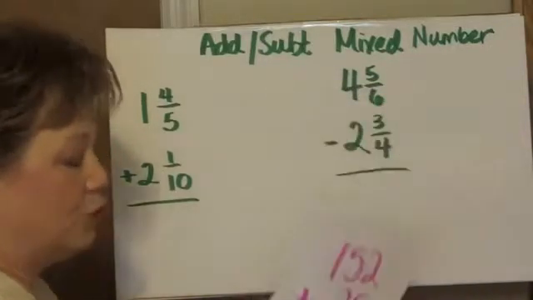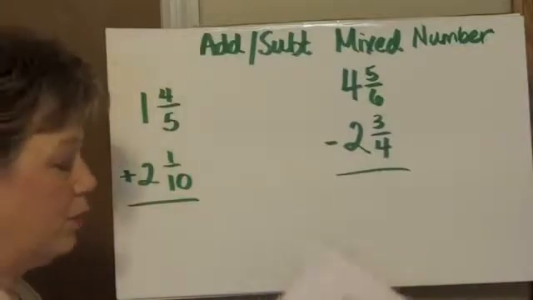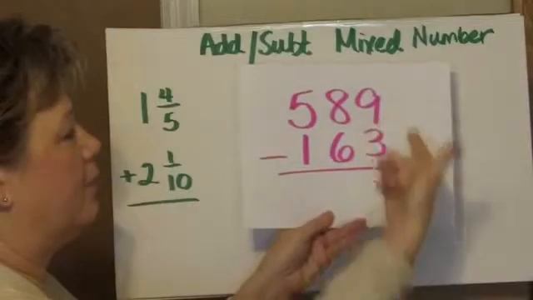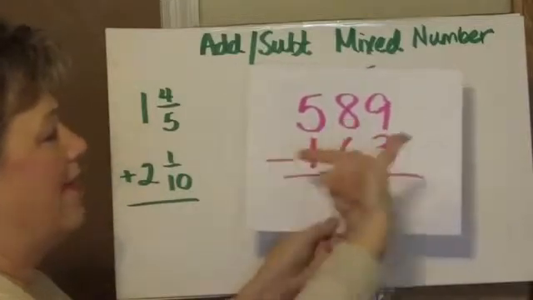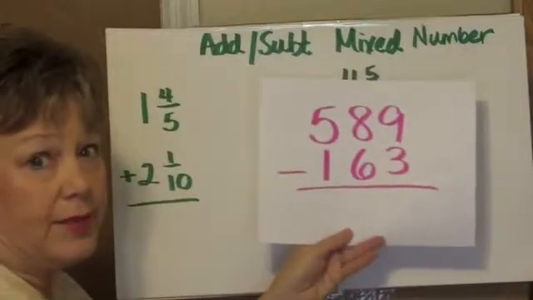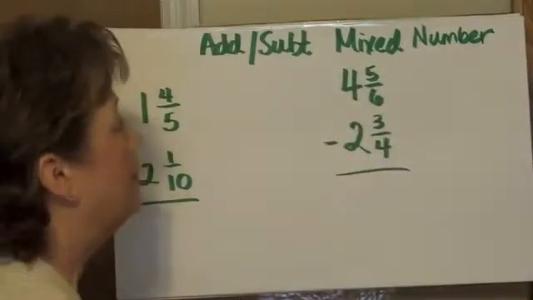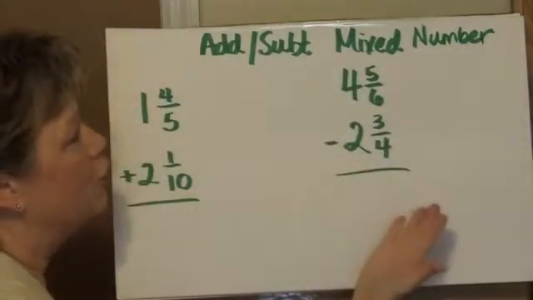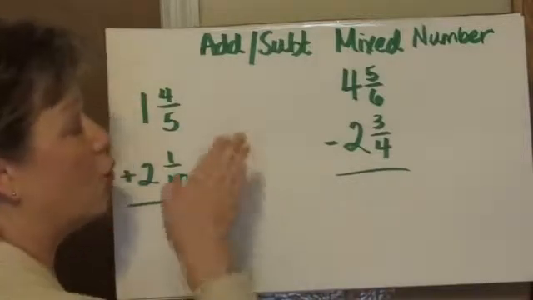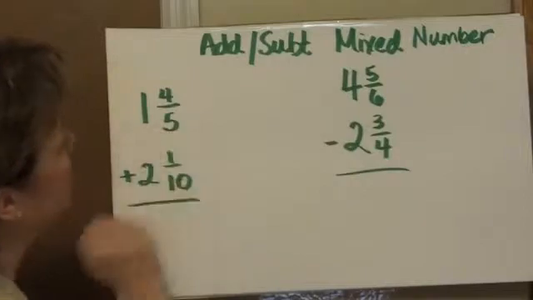And the same thing is true when we subtract. We start way over here on the right-hand side, we subtract, and then we work that way. Kind of the opposite of the way we read. That's very important because the same thing is true when we are doing mixed numbers. We're going to start way over on the right-hand side.